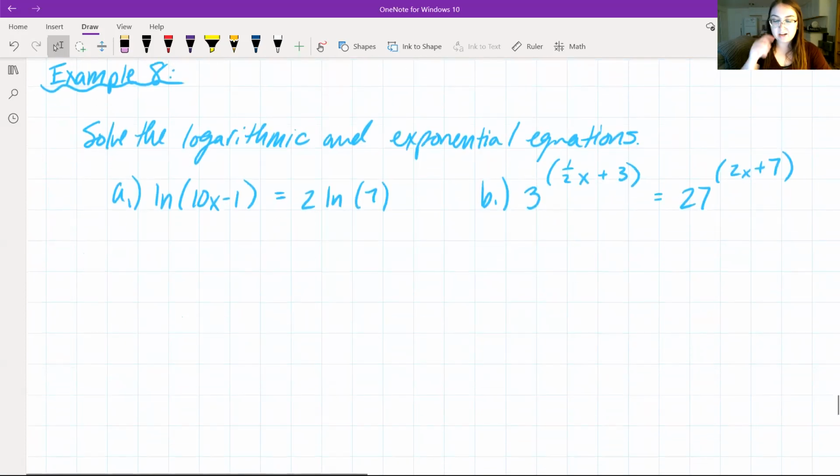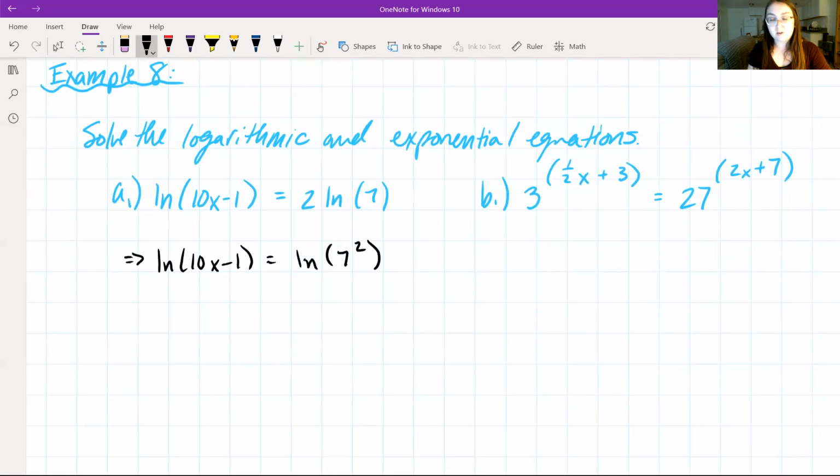But let's rewrite our second part here. We're going to use our power property, and we're going to take our 2 and put it back into the exponent. So when we rewrite it, we get the natural log of 10x minus 1, that doesn't change. And we're putting our 2 back inside of our logarithm, so we get the natural log of 7 squared. And now we want to solve.